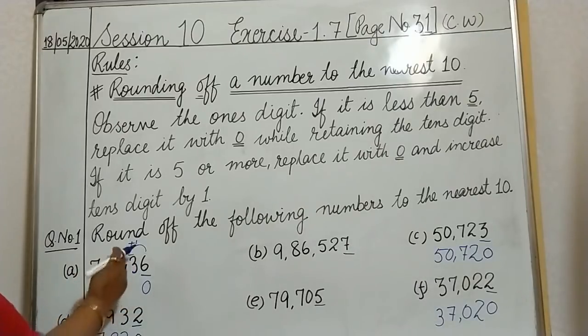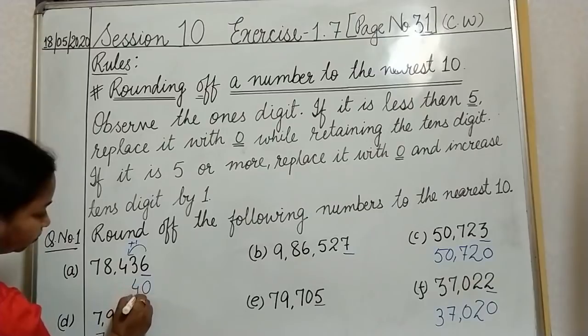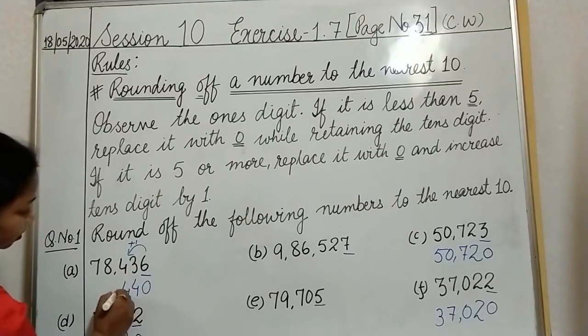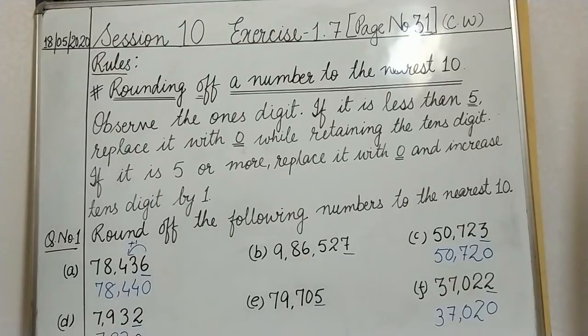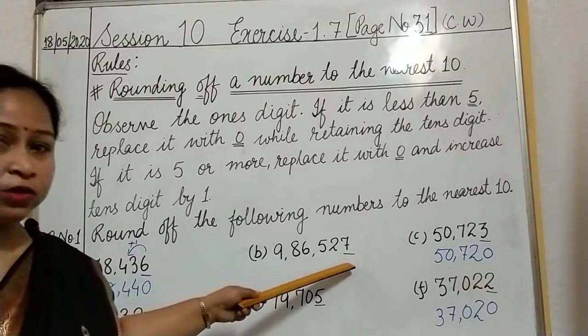So this 3 will change to 4, and this 4 is already here, and you have the answer like this. Instead of 78,436, which is the exact number, the approximate number will be 78,440. Understood, all of you? Good.